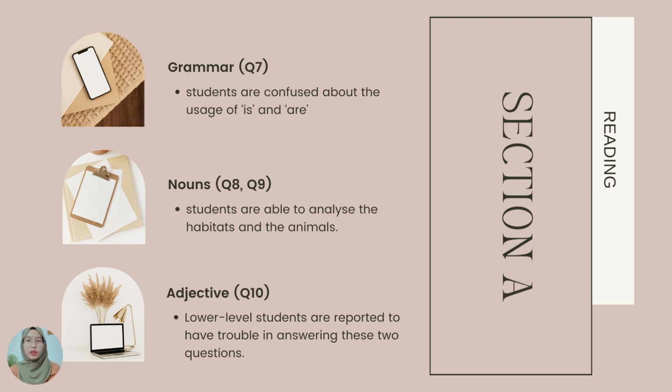Apart from that, the teacher should also implicitly teach the students about singular and plural, since there are still a few students who are confused about the usage of is and are in question 7. Almost all students can answer question 8 and 9 from Unit 6 on the topic of the old house, focusing on habitats, whereas only a few students can answer question 10 that is focusing on the adjective.